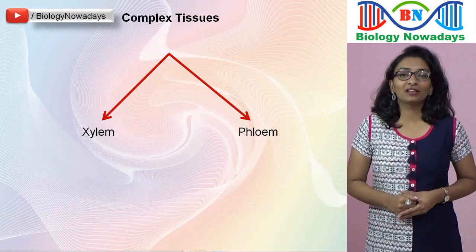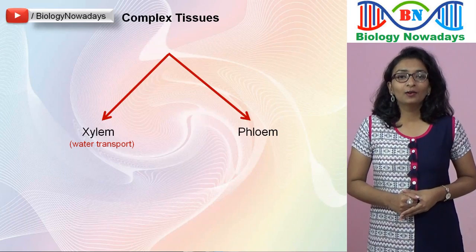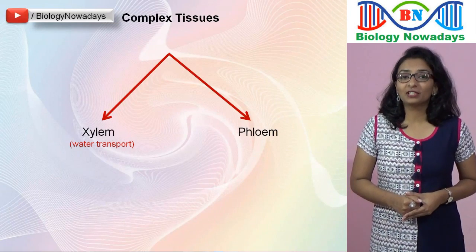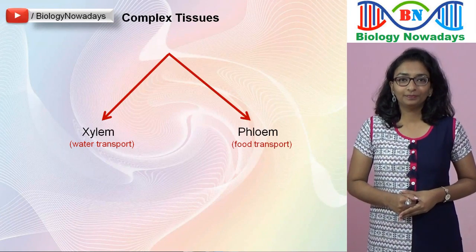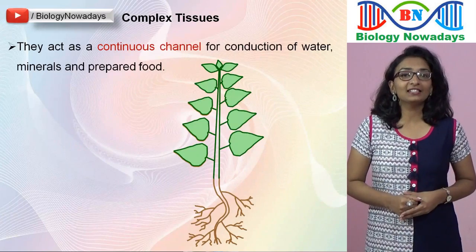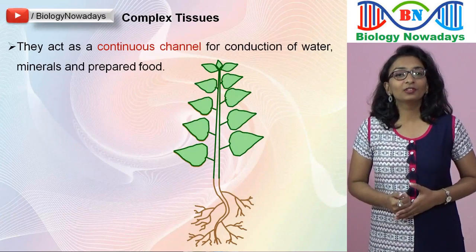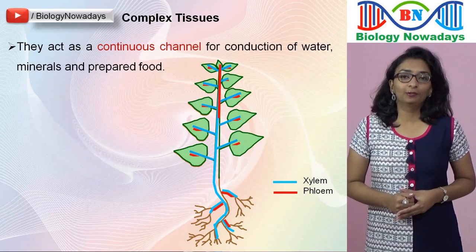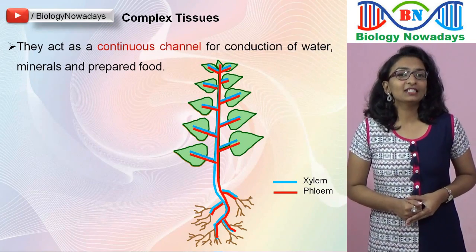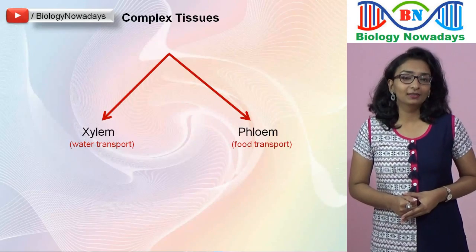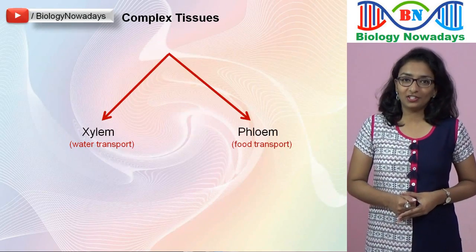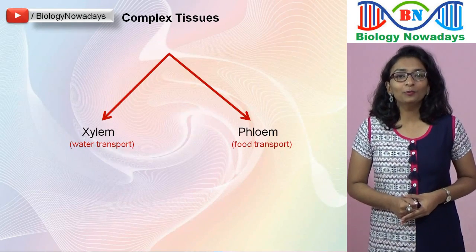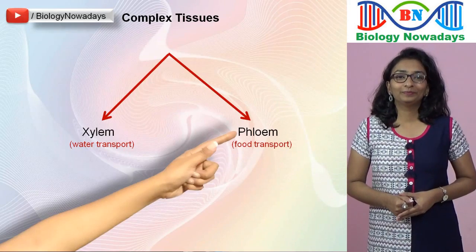Xylem tissue is specialized for water transport, whereas phloem tissue is specialized for food transport. These tissues act as a continuous channel for the conduction of water, mineral elements and prepared food. In the previous lecture, we already discussed xylem, its components and functions. In this video, we will learn about phloem.